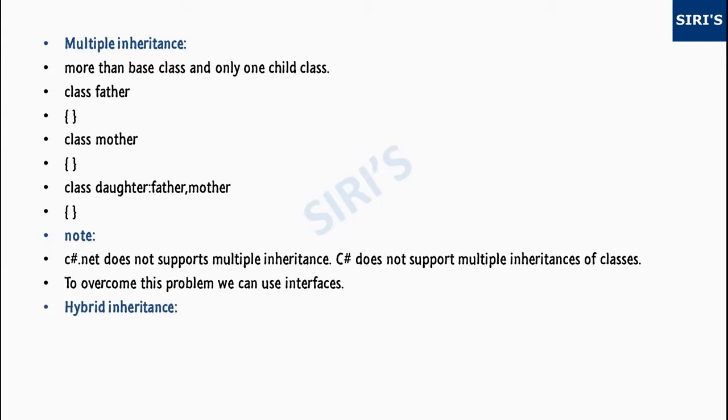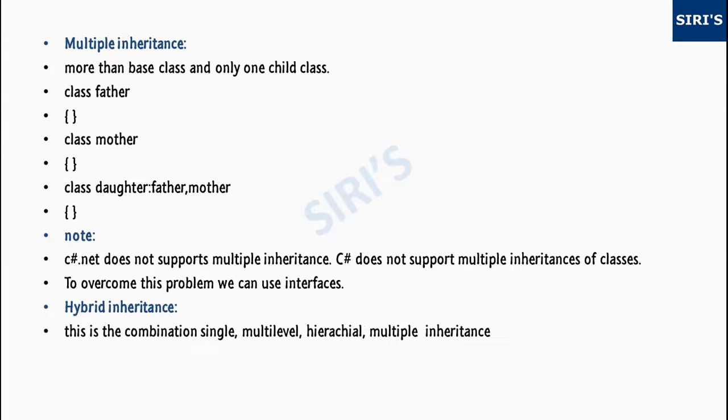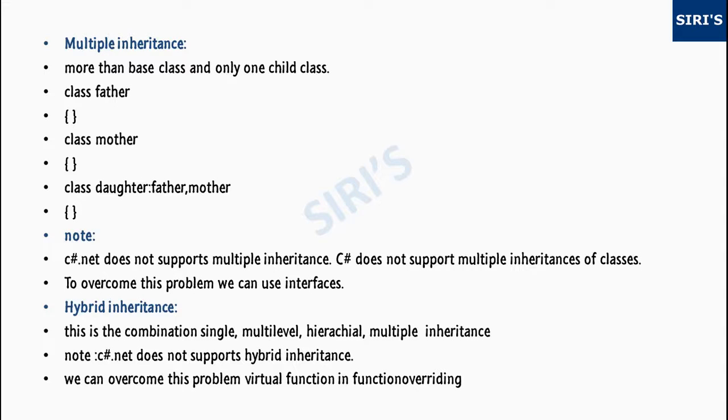To overcome this problem, we use interfaces. Hybrid inheritance: this is a combination of single, multi-level, hierarchical and multiple inheritance. Note: C# does not support hybrid inheritance as well. We can overcome this problem with virtual functions and function overriding.